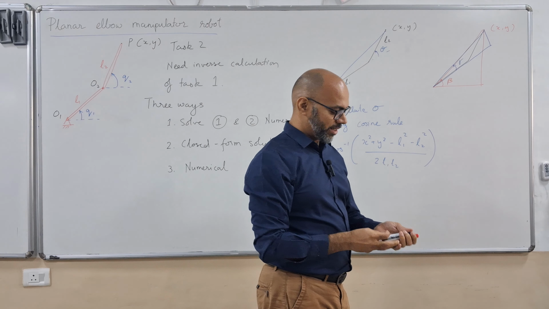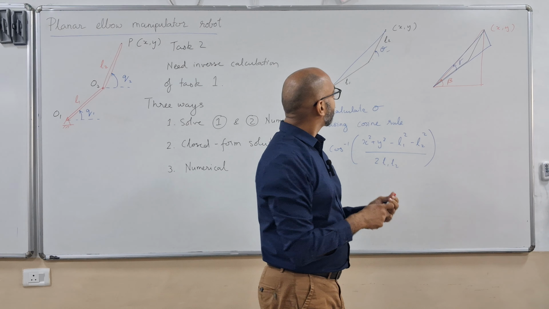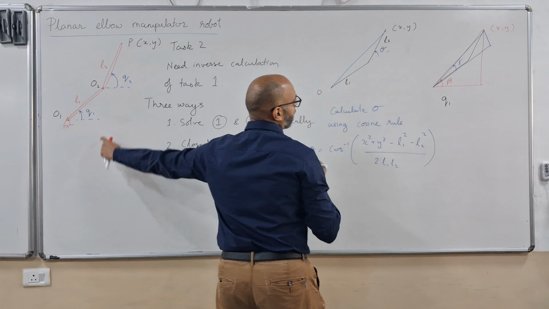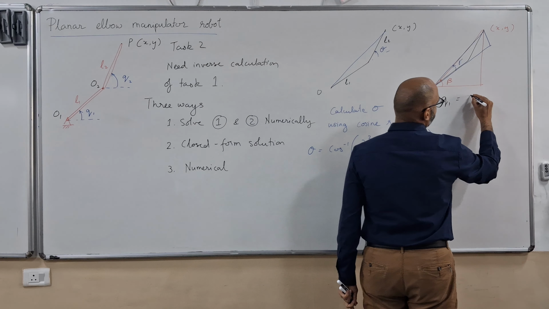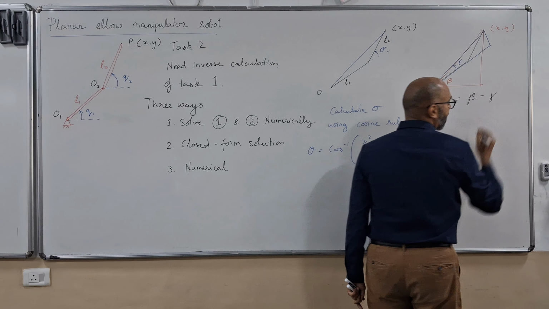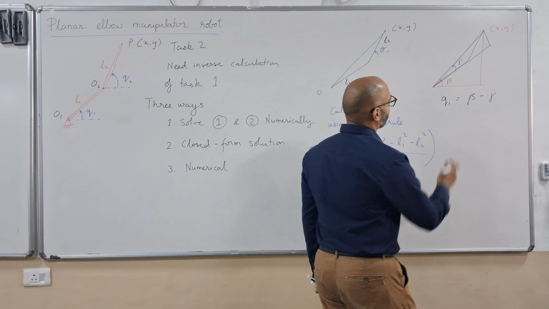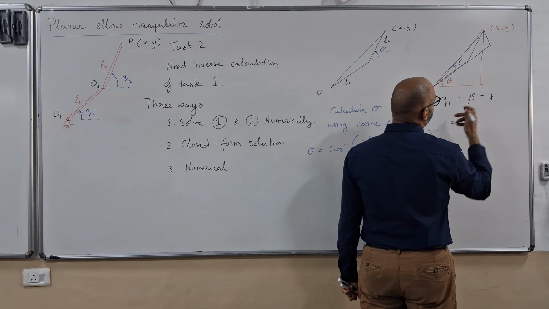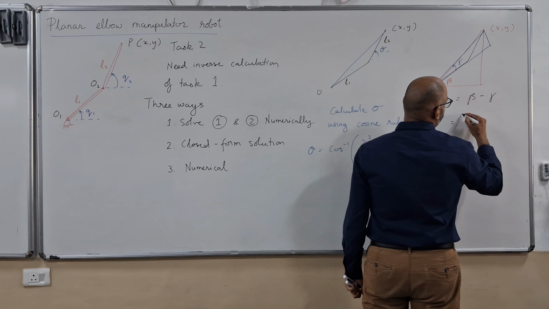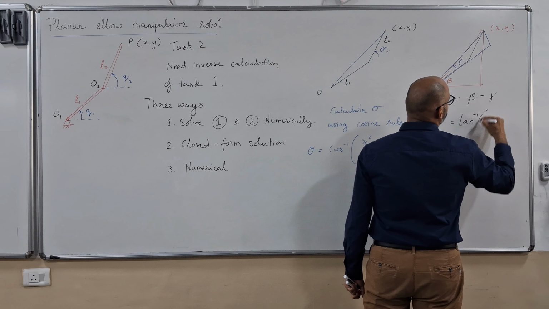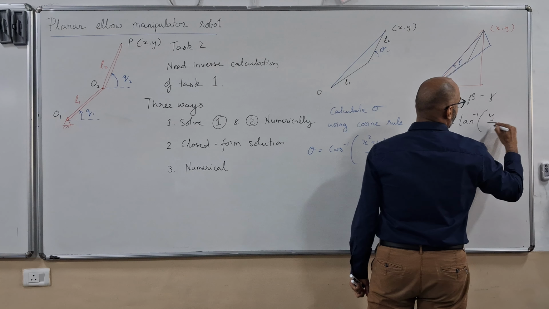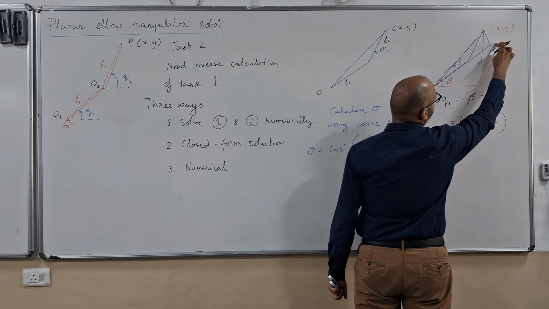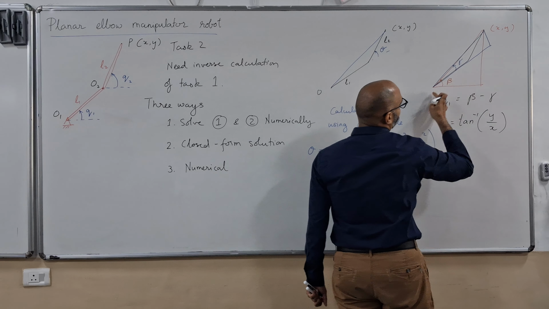As you would have guessed already, q1 is nothing but beta minus gamma. This is now a relatively straightforward triangle identity. Beta is tan inverse of y over x, and gamma is tan inverse of opposite over adjacent.